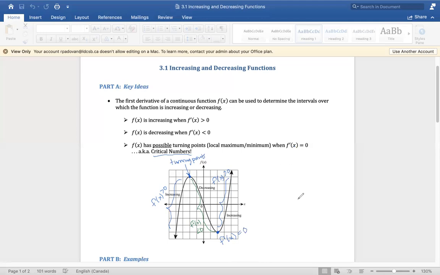So when the function is at a maximum or minimum and the derivative is equal to 0 at this point or at this point, then a tangent line would be drawn horizontally here, right? And then the slope of a horizontal line is 0. So our first derivative is equal to 0.